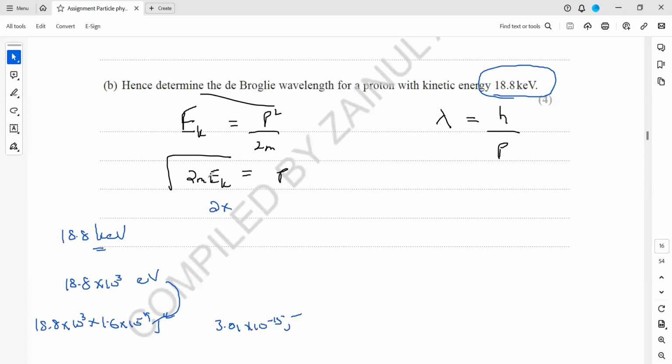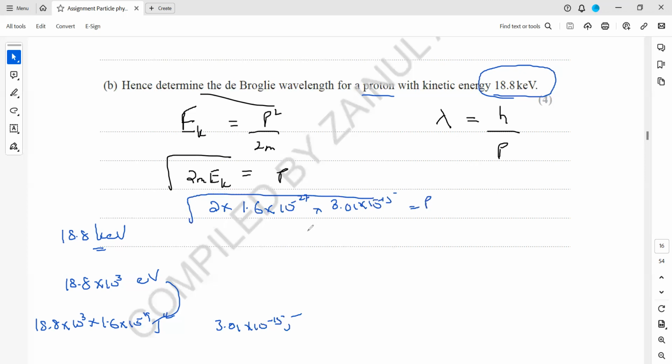So 2 multiplied by the mass. This is for a proton, so what is the mass of a proton? It is 1.6 into 10 power minus 27 kilogram. Multiply by the kinetic energy, 3.01 into 10 power minus 15, and take the root.